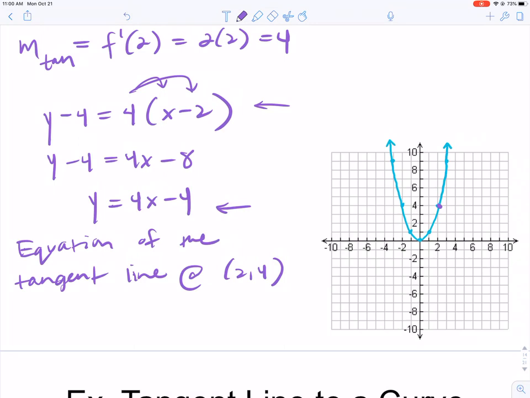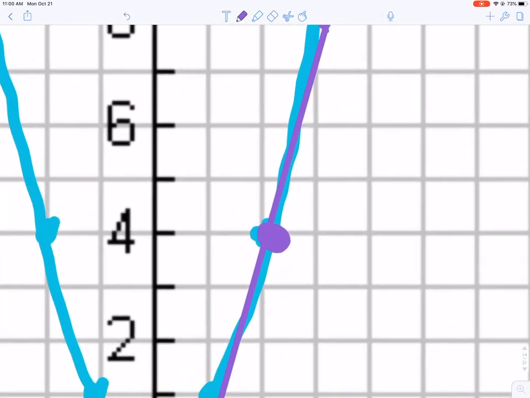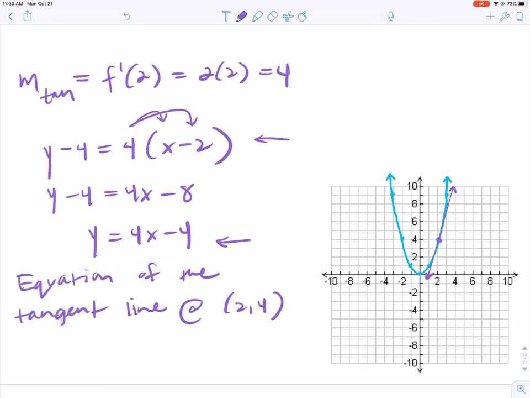And there's a slope of 4. So in purple I have the tangent line. So you could see if we zoom in, if we did this on Desmos, it would show this even better. If we were to zoom in at that point, it's like the tangent line and the function merged together, meaning that the slope of the tangent line gives us the rate of change for this function at that point.